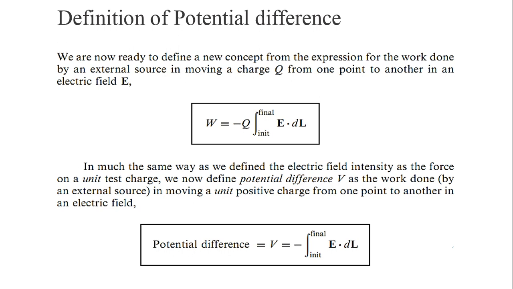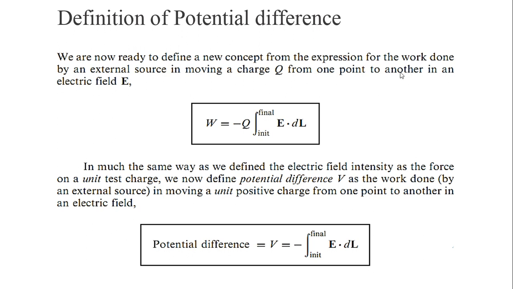The electric field intensity is the force on a unit test charge, whereas the potential difference is the work done in moving a unit positive charge from one point to another in an electric field. So if the work done is equal to minus q times the line integral of E dot dl, the work done per unit positive charge will actually be the potential difference between 2 points, and that is called the potential difference.